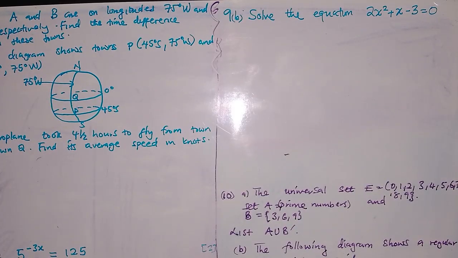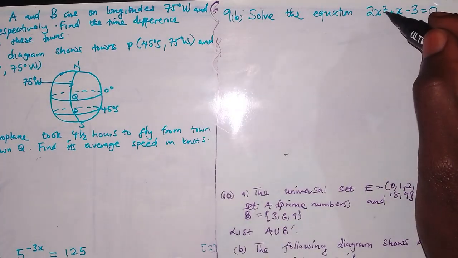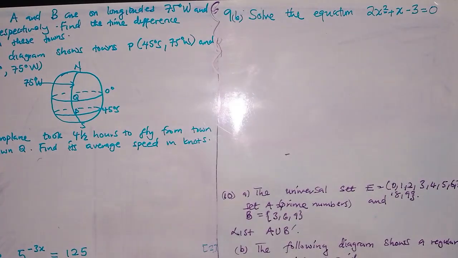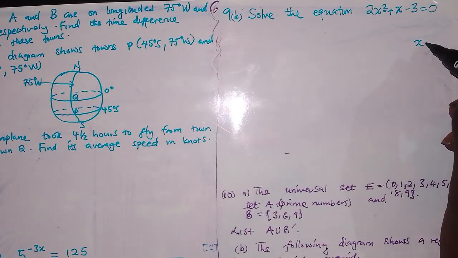So let's continue. Question 9 is saying solve the equation 2x squared plus x minus 3. So what do you need to understand? Whenever you see a squared in the equation, just remember that this question requires us to have two answers.